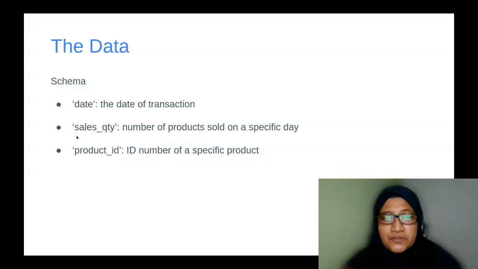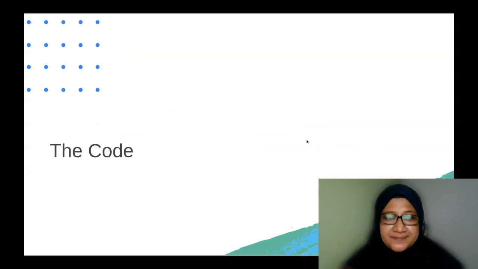And the third column would be the product ID, which is the ID number of a specific product. So if you have your data in a different format, you need to reformat it in this way, most likely using SQL. With this schema, it's going to be very easy for BigQuery ML to create the model.